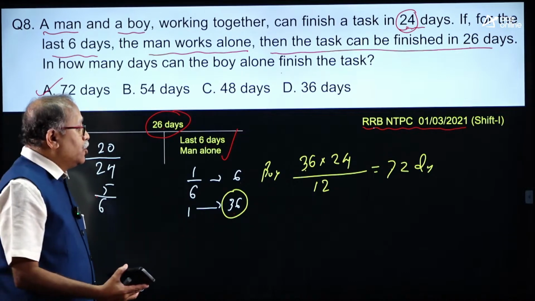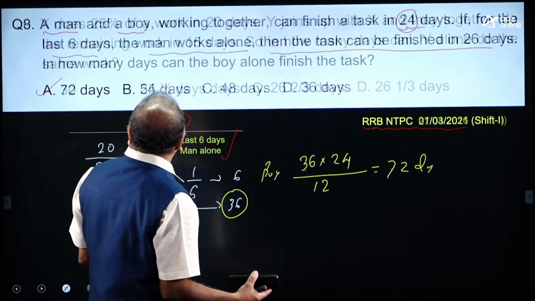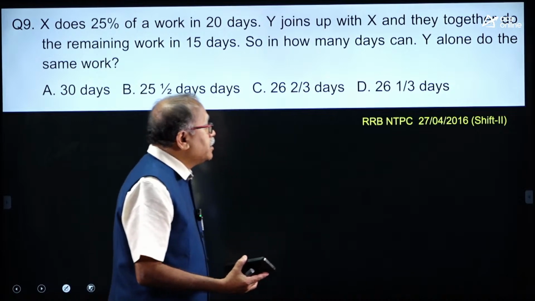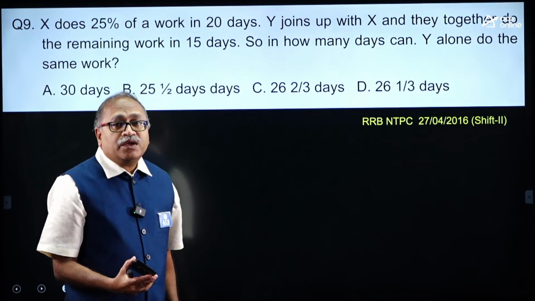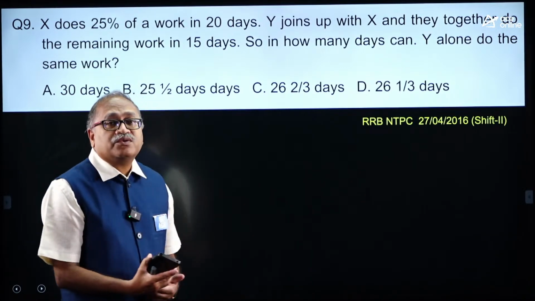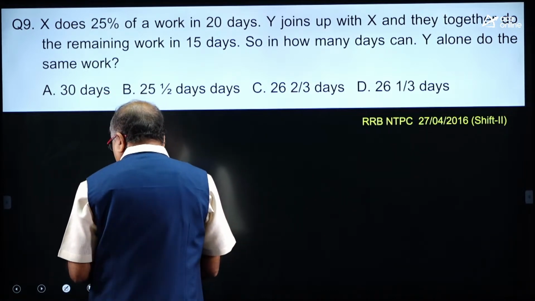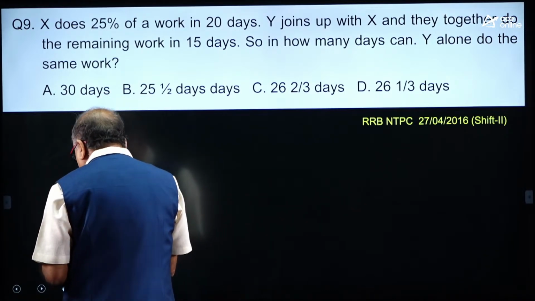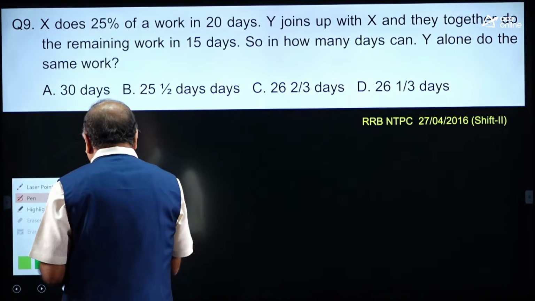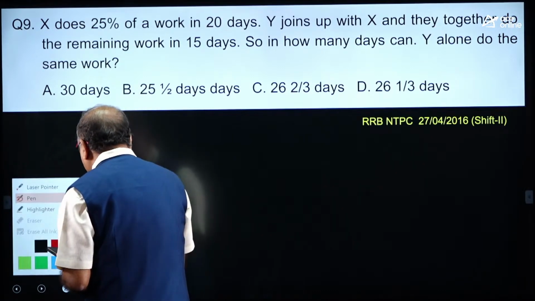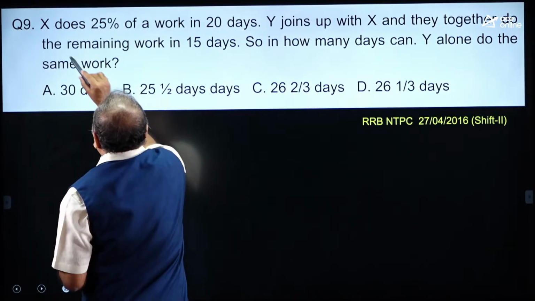Okay. Now, moving to the next question, question number 9. Today we are going to discuss 10 questions. One more question will be there, my dear friends. Look at this one.